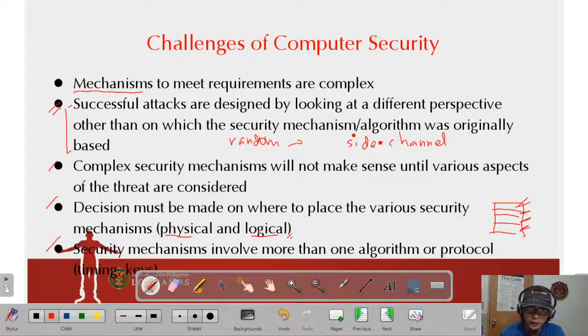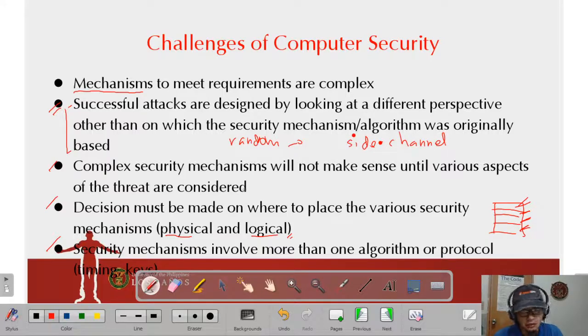In a similar way, a mechanism usually is not just a standalone algorithm. Usually it is a combination of several components, and if a component fails, then the entire chain in the security mechanism can actually be compromised.